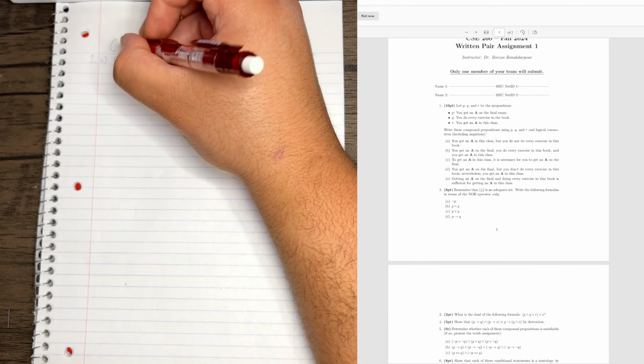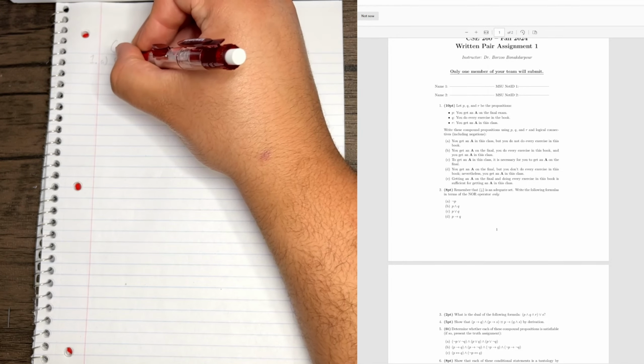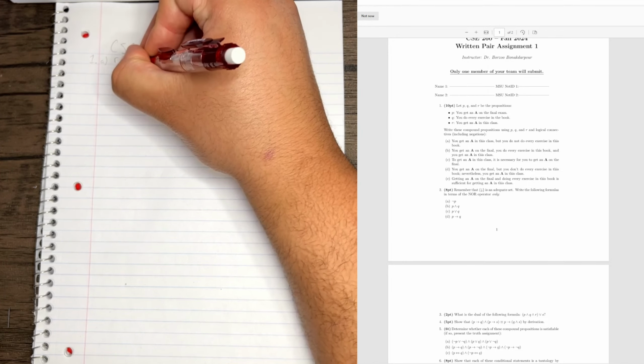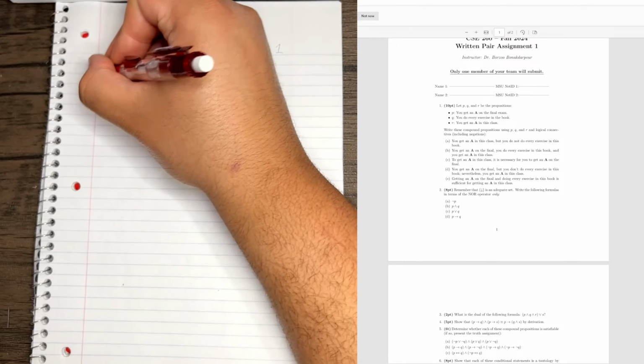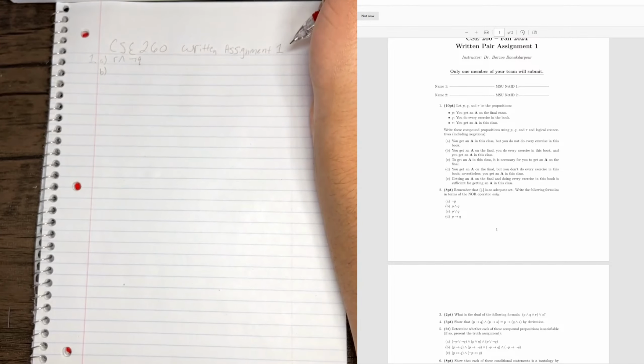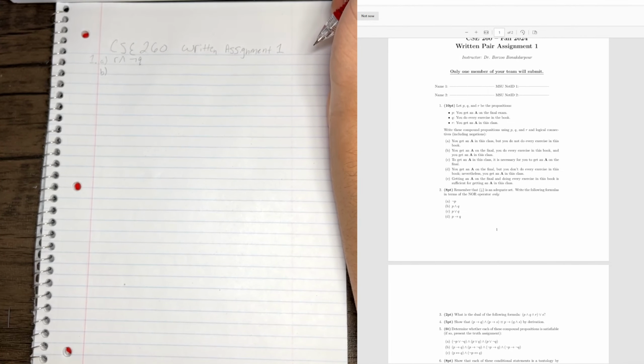Do not do every exercise in the book. Not Q. B. You get an A on the final. You do every exercise in this book, and you get an A, so it's just all.